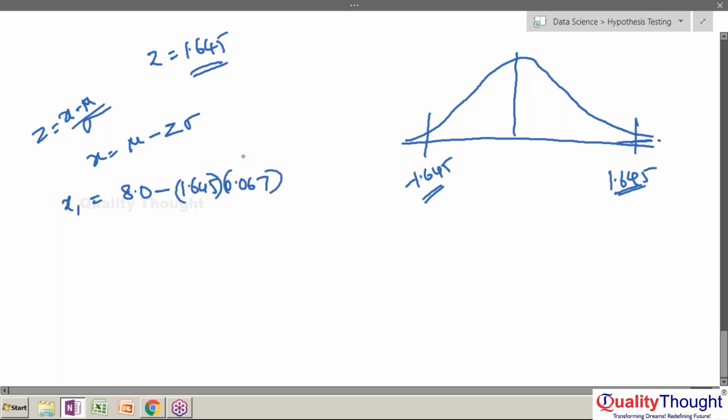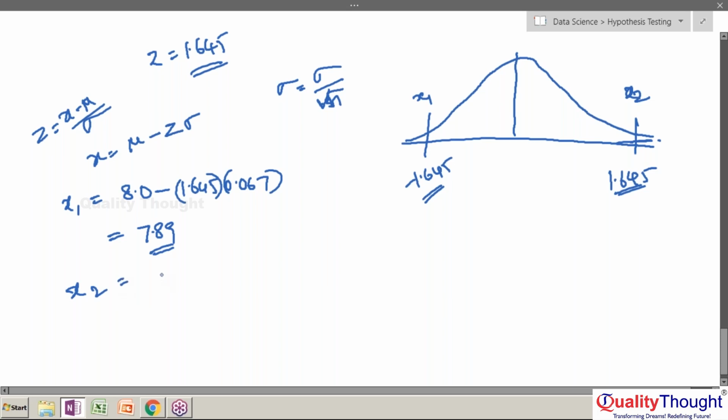This is how we calculated it: sigma is equal to sigma by root n, with a sample size of 5. So we have the sigma value as 0.067. So you are going to get the value as 7.89. You can name them c1 or c2, or x1 or x2, however you want.